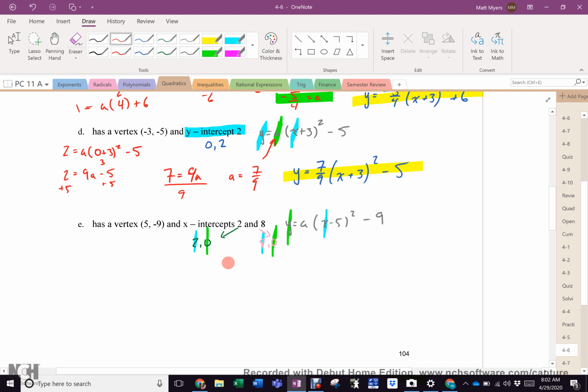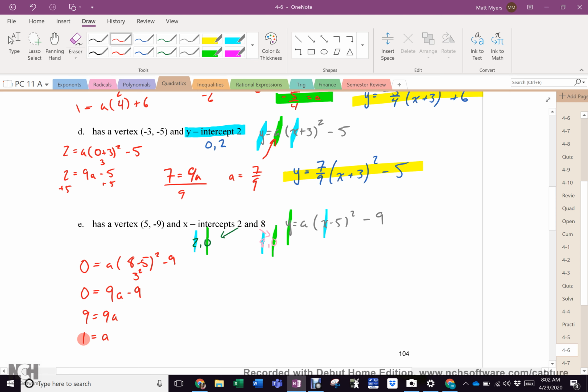Why not? 0 equals a(8 minus 5) squared minus 9. 0 equals 8 minus 5 is 3. 3 squared is 9a minus 9. 9 equals 9a.